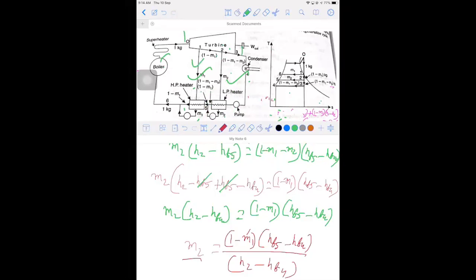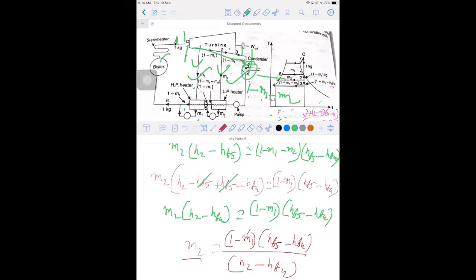A part is drained out. This is called bleeding. As a result, we are not going to extract the entire 1 kg of steam from boiler pressure to condenser pressure. If you take 1 kg from the boiler, only 1 minus M1 minus M2 kg is entering the condenser.